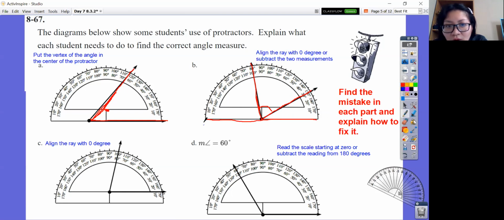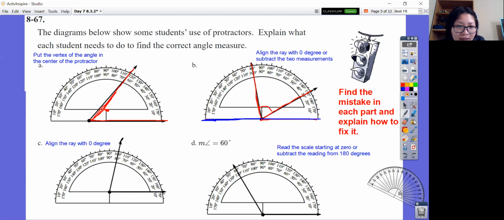One of your rays has to match the straight line of your protractor. It is not matching. The red ray doesn't match with the blue line. Another red ray doesn't match with the blue straight line of your protractor. Okay, continue. Next one.